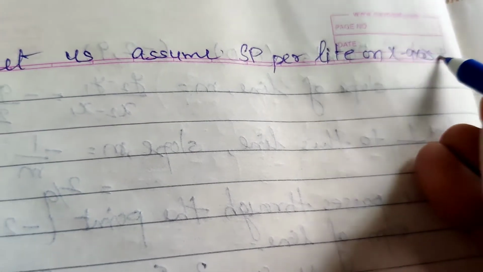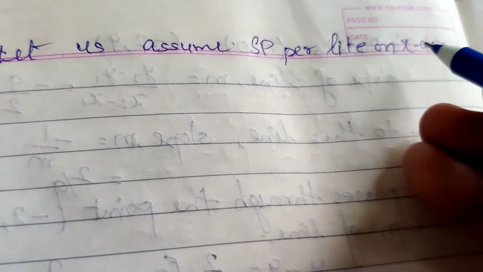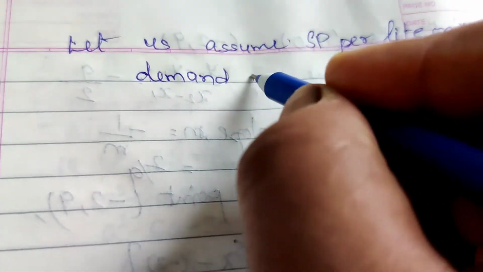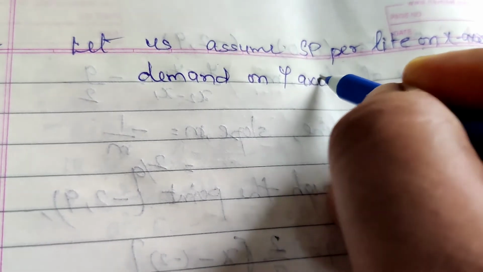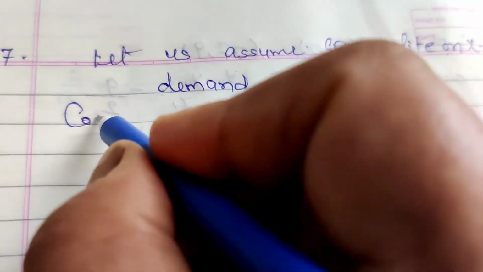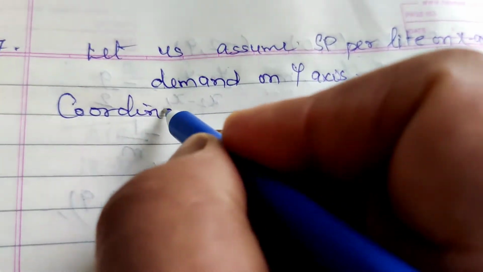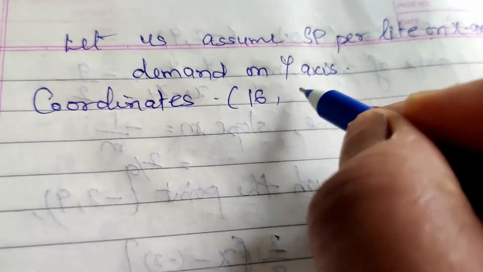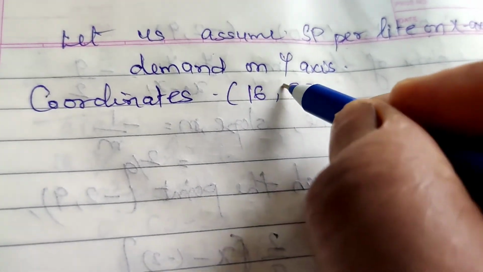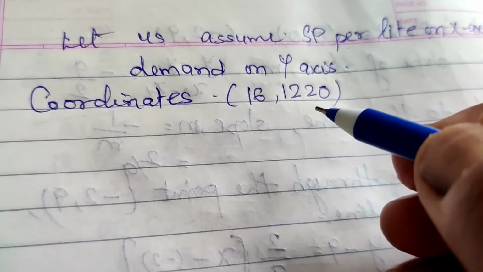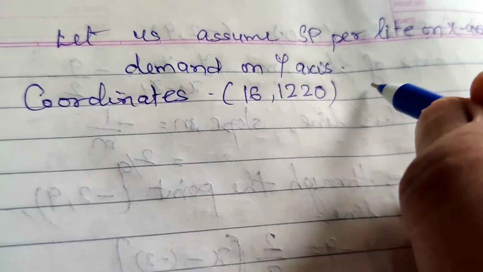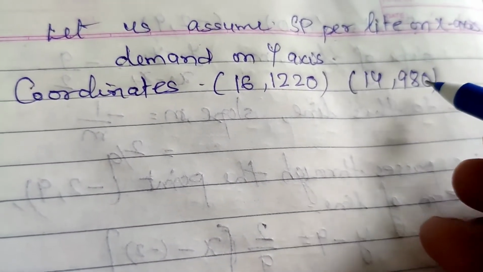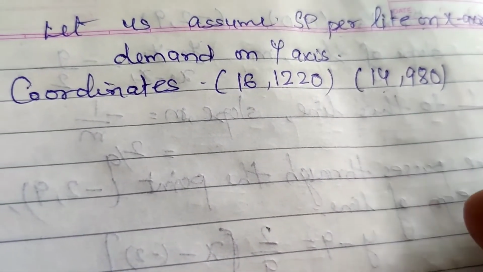First we have to make the coordinates. पहले coordinate बनाएंगे तो x-axis पे selling price लेंगे और demand ऑन वाई एक्सिस. ओके, नाउ द कोऑर्डिनेट्स क्या बन जाएंगे? तो पहले कितना था? 16 रुपीज पर लीटर था और सेल है डिमांड उसकी 1220. ठीक है. और दूसरा है 14, 980. ओके, 14 रुपीज पर लीटर, द सेल इज 980.